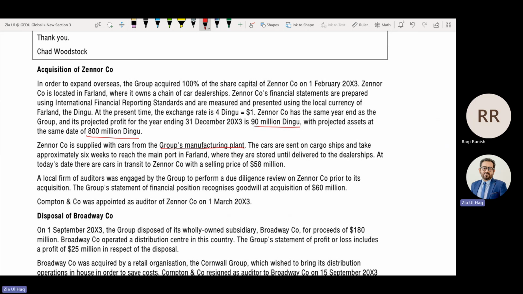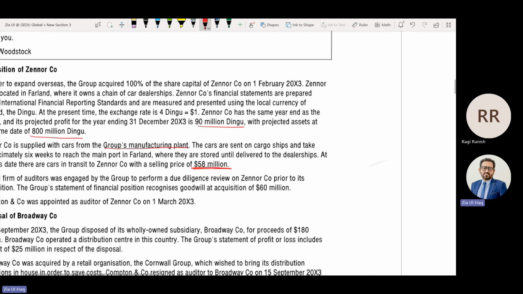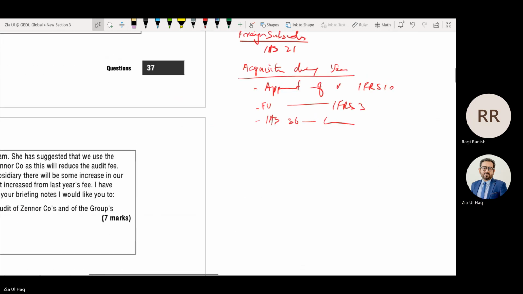At today's date, there are cars in transit to Zener company with a selling price of $58 million. First, put a heading: intergroup transaction. The value is 58 million. So 58 million is inventory against 2,500 total assets and this percentage hence material.